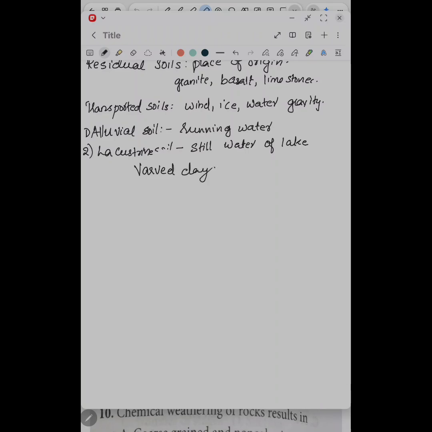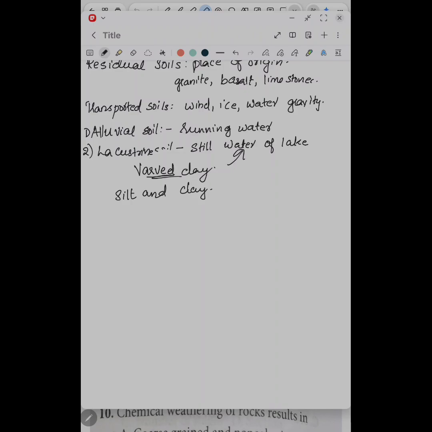So alternate thin layers of silt and clay is called varved clay, or lacustrine deposits are called varved clay. So this is a previous year question. We can say varved clay is the deposits due to the still water of lake, or lacustrine deposits. Also varved clays are thin layers of silt and clay.